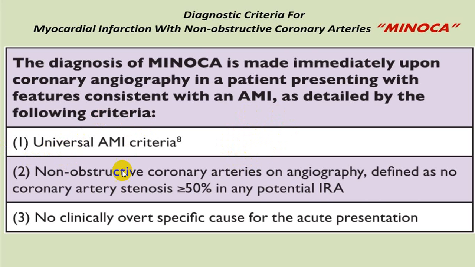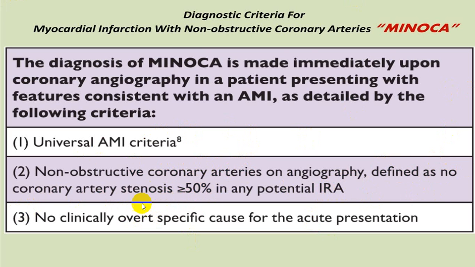But on coronary angiography, there is non-obstruction of the coronary artery, where we say that coronary artery stenosis is less than 50% in any potential regional arteries. So this means that the coronary artery is narrowed less than 50%, defined as no coronary artery stenosis of more than 50%.